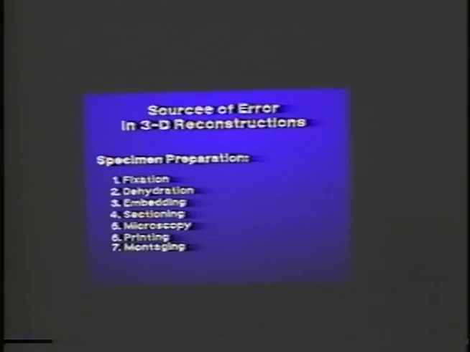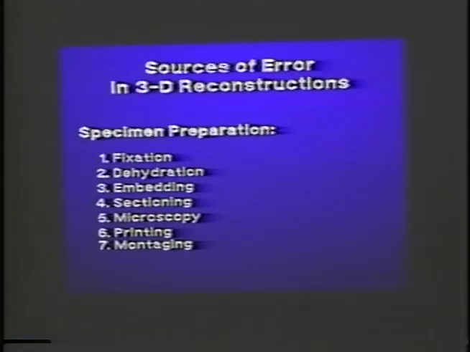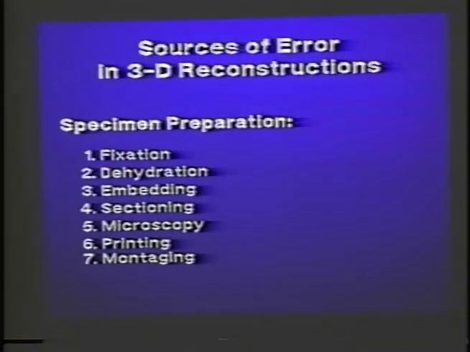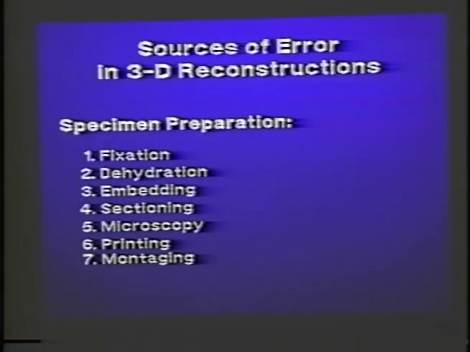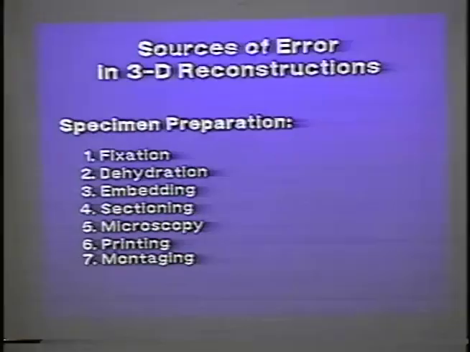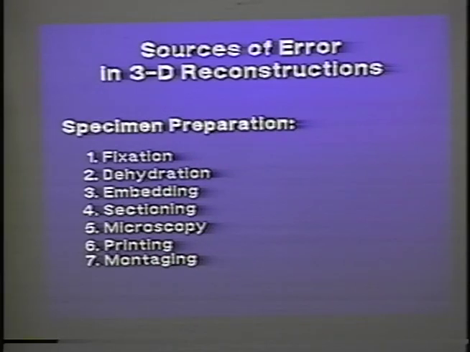So I've tried to share with you some of the ideas and some of the things that we've learned about doing 3D reconstructions. Let me give you a few caveats, though. There are many opportunities along the way to introduce artifacts and cause problems, specifically during fixation. With chemical fixation, it takes 30 to 40 seconds for the fixation process to take place.